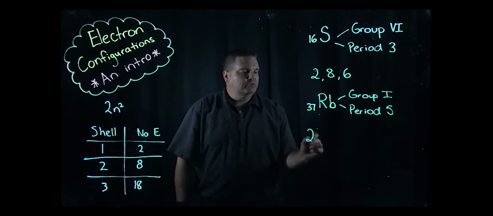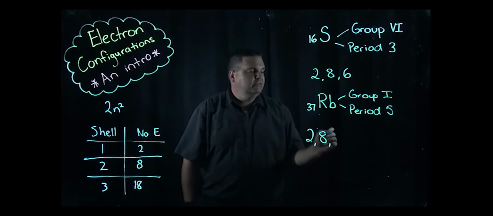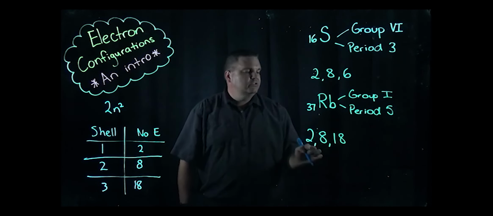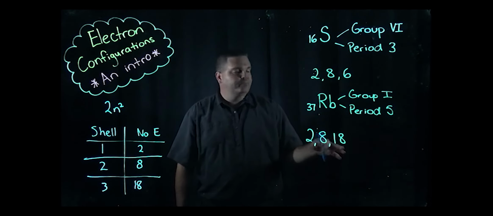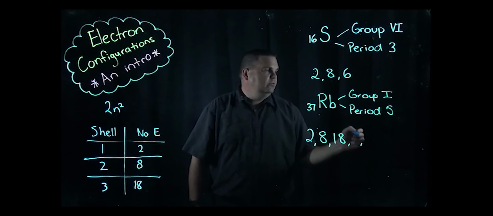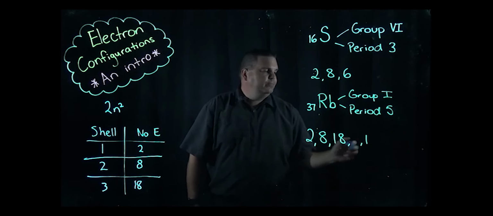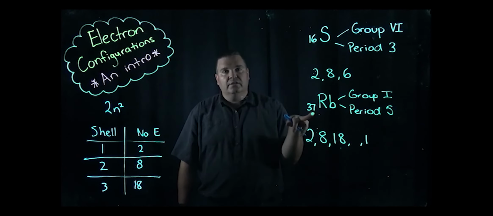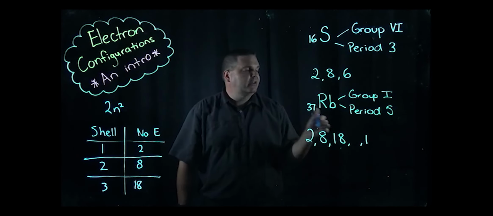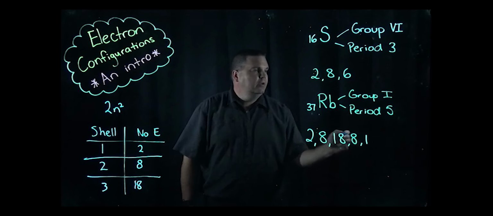The first shell holds 2, the next shell holds 8, the next shell can hold 18. 2, 8, 18 adds up to 28. We know that the final shell is going to have 1 electron in it, so that gets us to 29. Then 37 take 29 gives us 8.